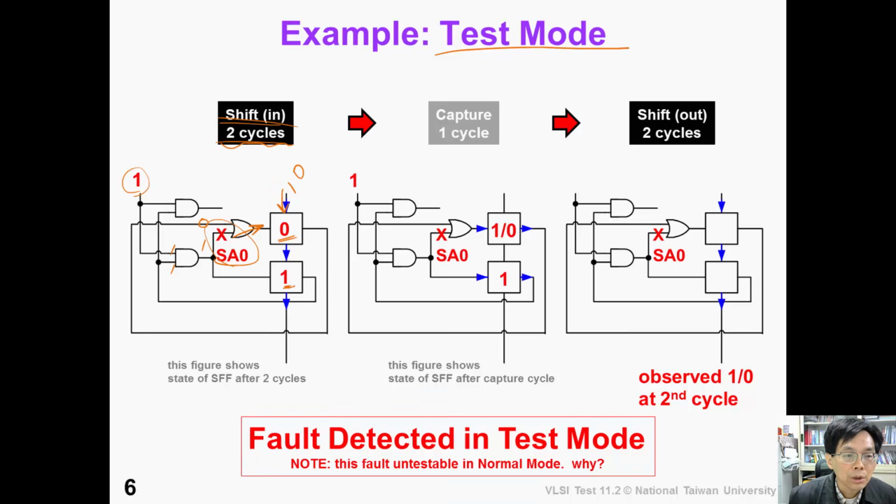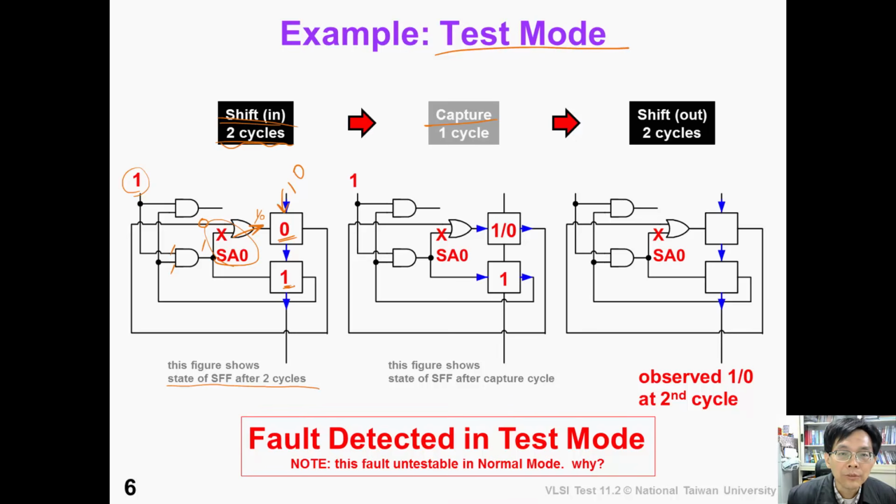This figure shows the flip-flop state after 2 cycles of shift. And then we can have a 1/0 at the output of the OR gate.